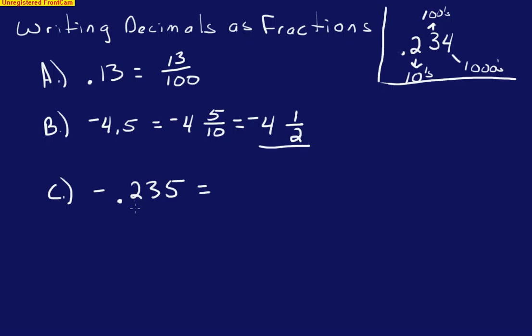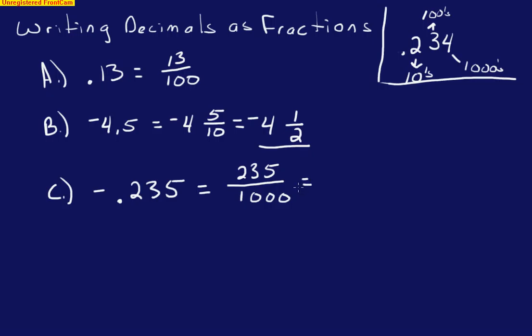But the 2 right here is, let me bring the hand down so you can see, the 2 is in the 10 spot, the 3 is in the 100 spot, and the 5 is in the thousandth spot. So when we write that, we know that the denominator is going to be 1,000. So you're going to have a large fraction here. And we're just going to put 235 over that. And simply we just took away the decimal by doing that.